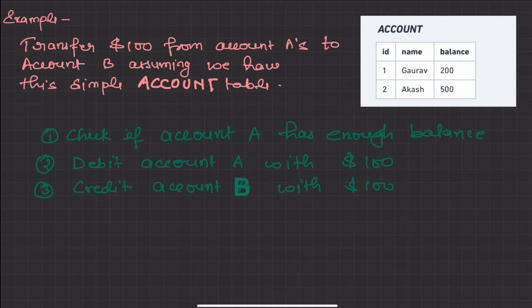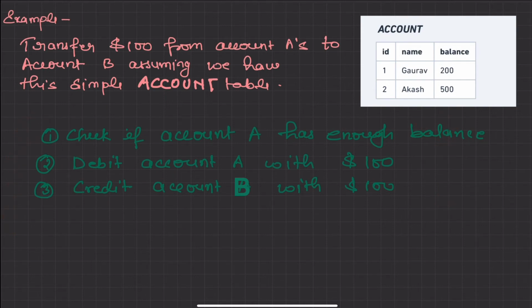But there should be a way for us to tell the database it is a single unit of work. We want to transfer $100, and all three of these operations are required. This is nothing but a collection of queries and a single unit of work. Either all of them should go or nothing should be executed.